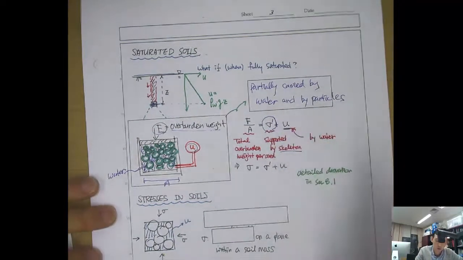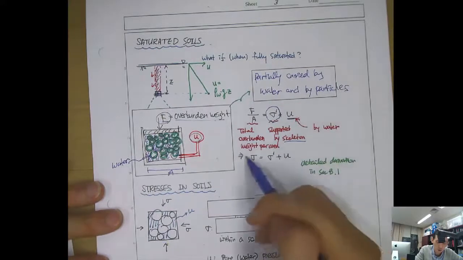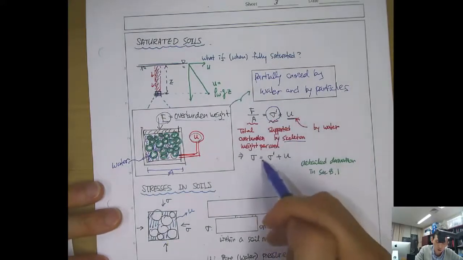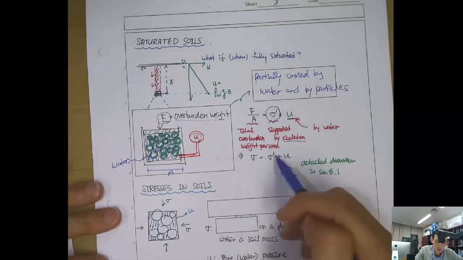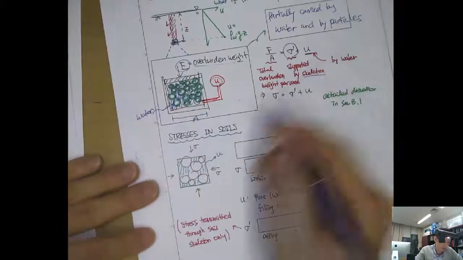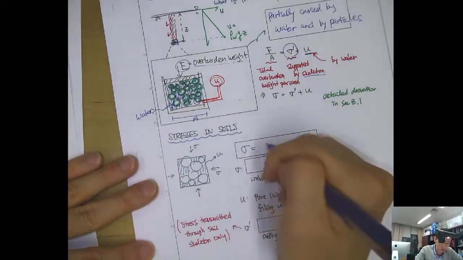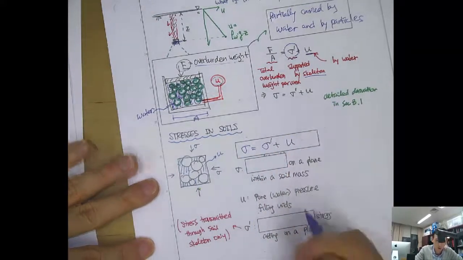Plus the pore water pressure, so water pressure. And we can simplify this equation into sigma equals sigma prime plus u. Here, if we write it again, sigma equals sigma prime plus u.